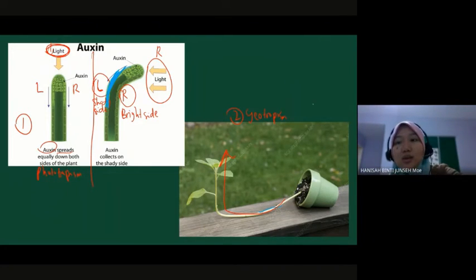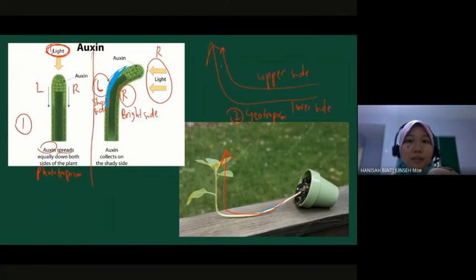Okay, so we have this plant. So we have upper, lower. So because of gravity, this is a plant.